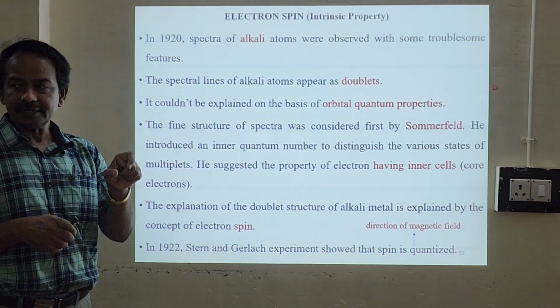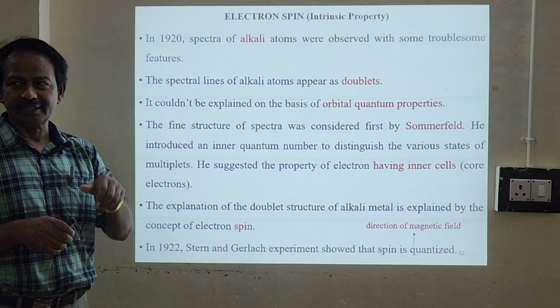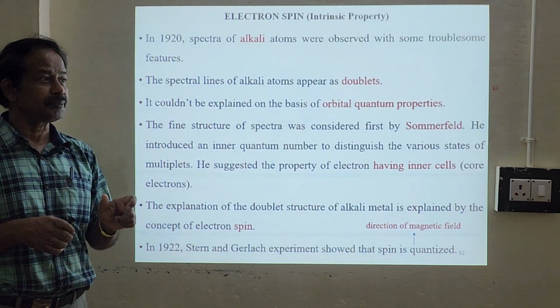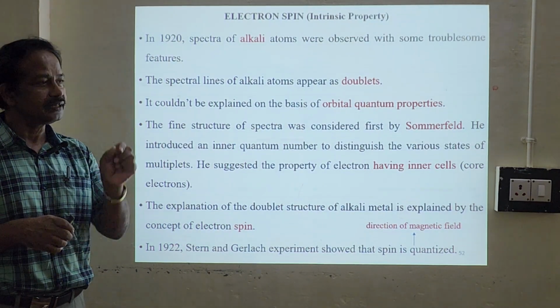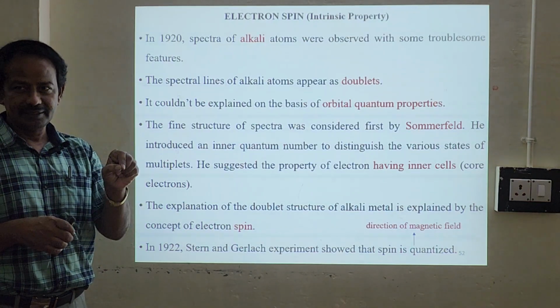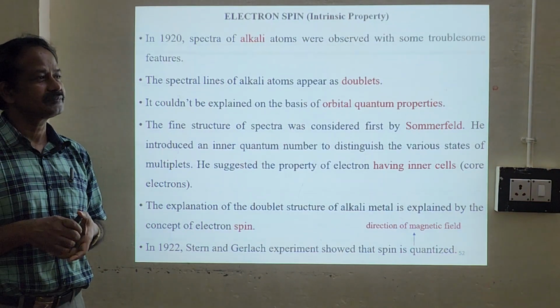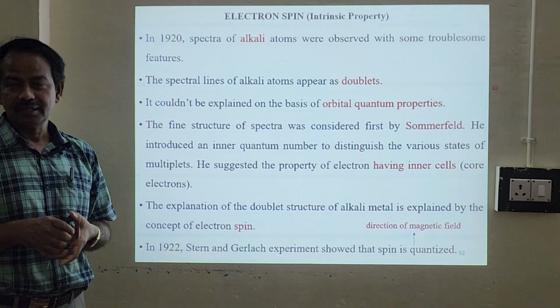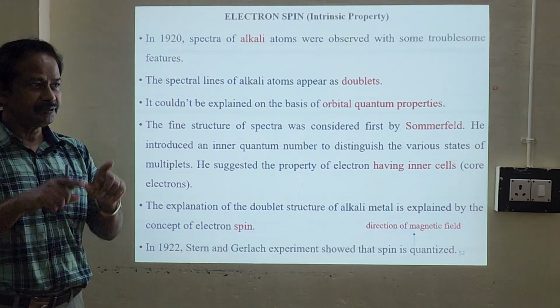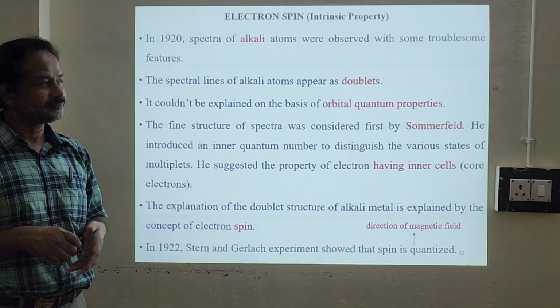With the naked eye, or with a spectrometer of less resolving power, we can find only a single line. With high resolving power, we could find double lines.